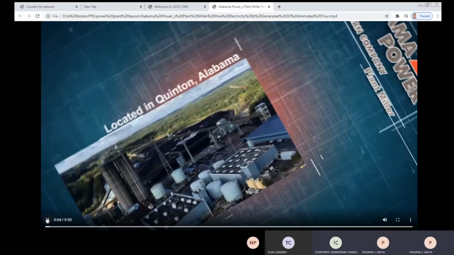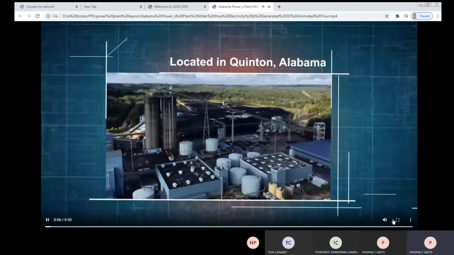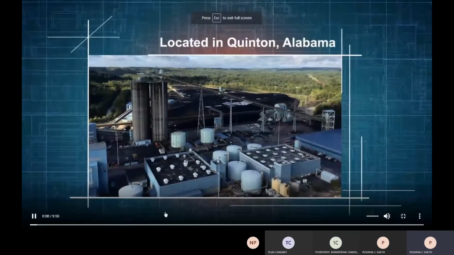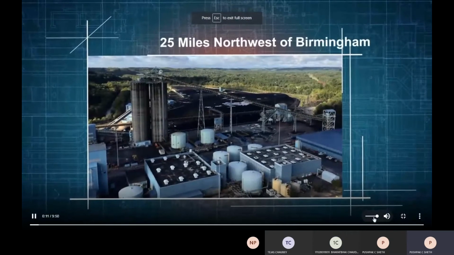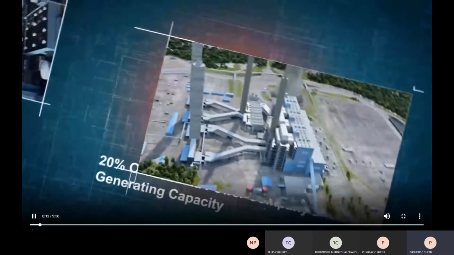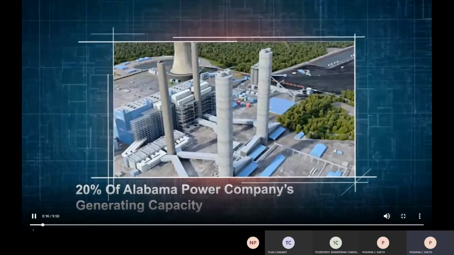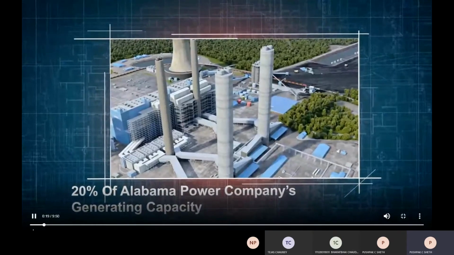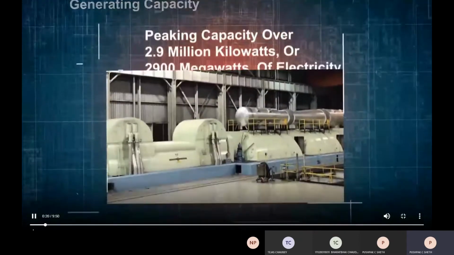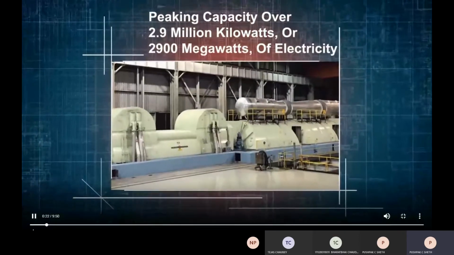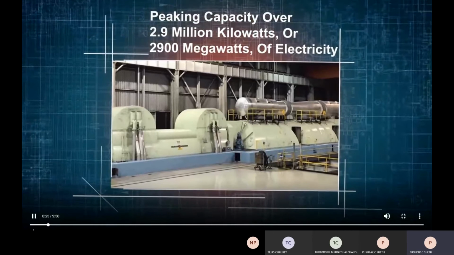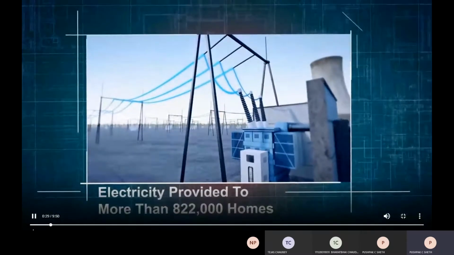Plant Miller is a coal-fueled power plant located in Alabama on the Locust Fork branch of the Black Warrior River, about 25 miles northwest of Birmingham. The plant provides over 20% of Alabama Power Company's generating capacity and is the largest generating facility in the state, with a peaking capacity of over 2.9 million kilowatts, or 2,900 megawatts of electricity that can serve over 822,000 homes.